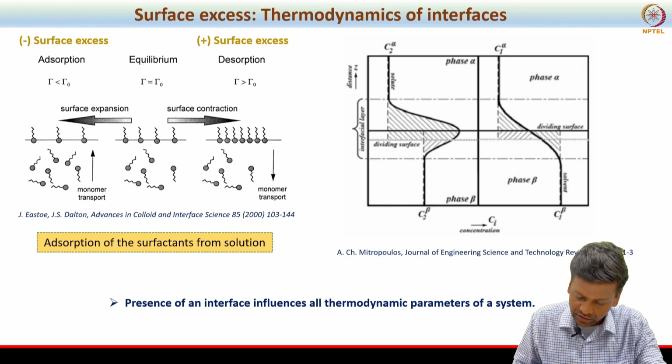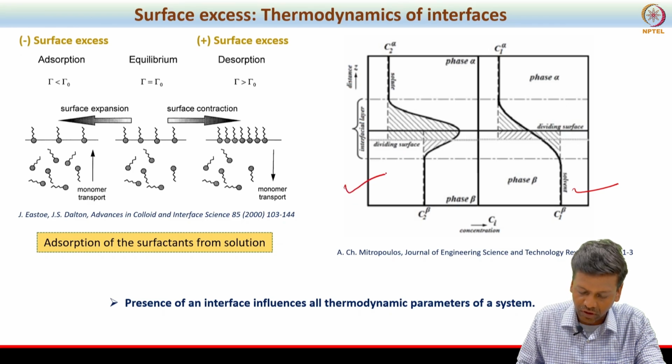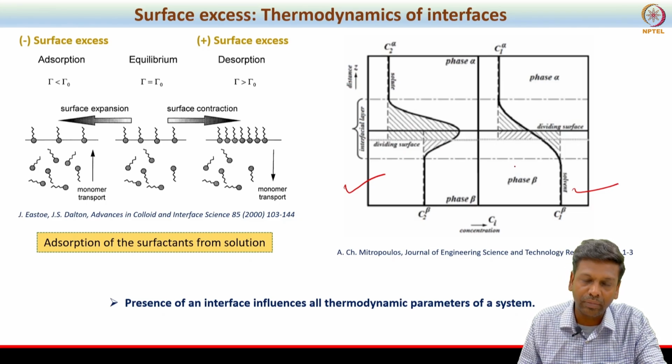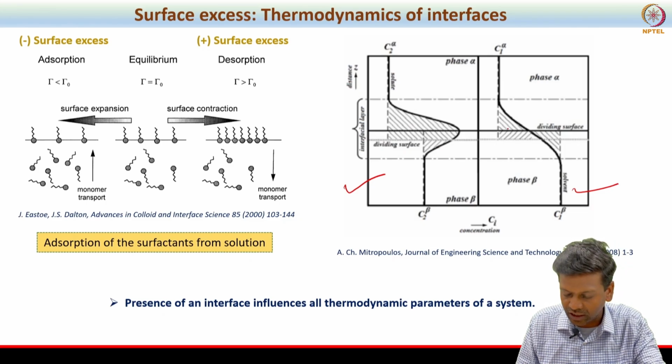So you can see the profile of the surface excess for the solvent. This is for the solvent molecule. This is for the solute molecule. For the solute, because surfactant has got an adsorbing tendency, it is not always possible that you expect a symmetrical distribution or profile, whereas in the case of the solvent, because they do not have any adsorbing tendency, you will expect a symmetrical distribution.